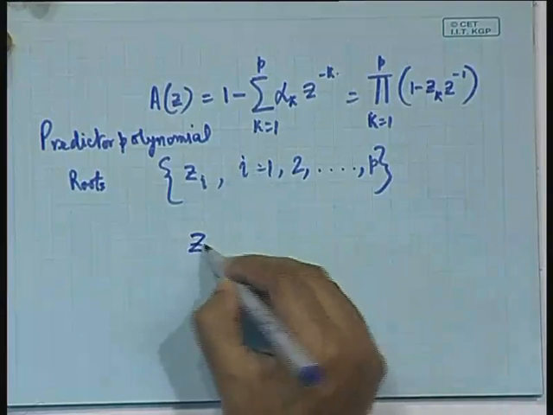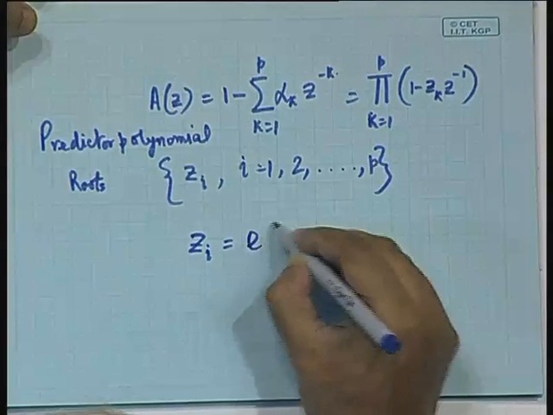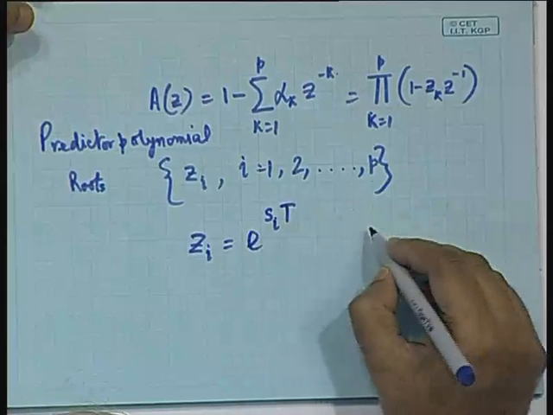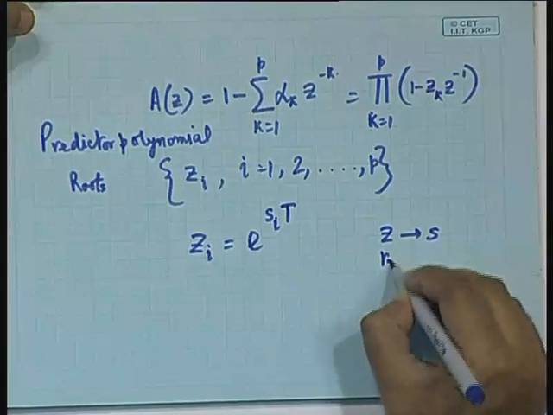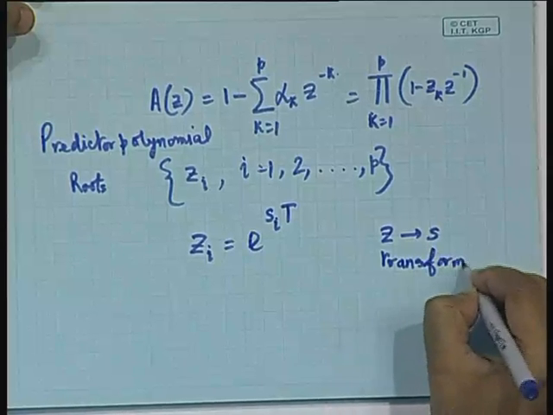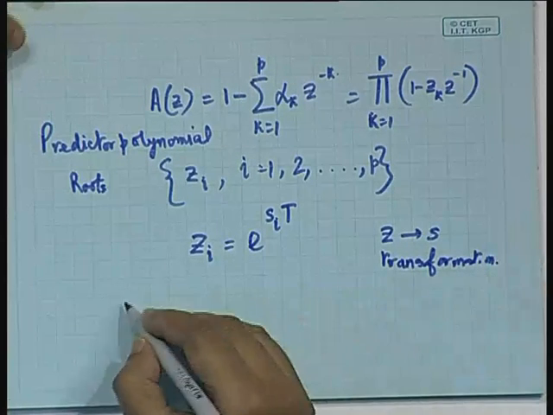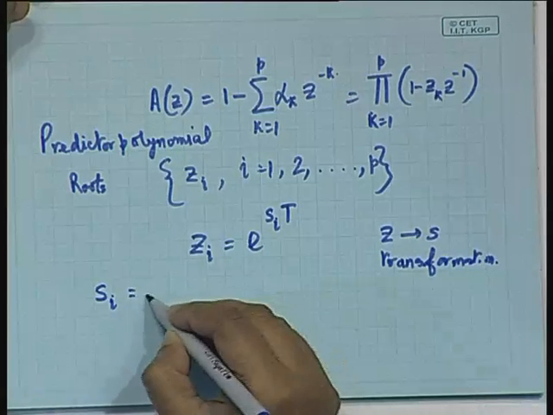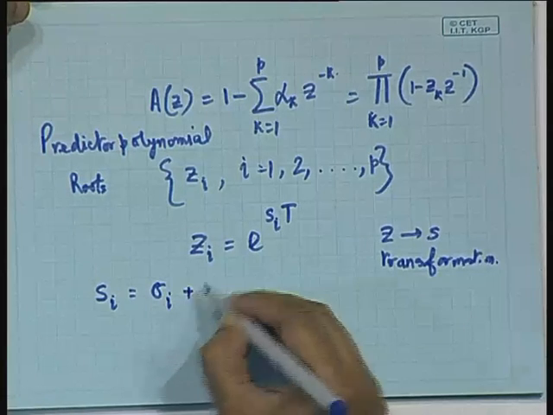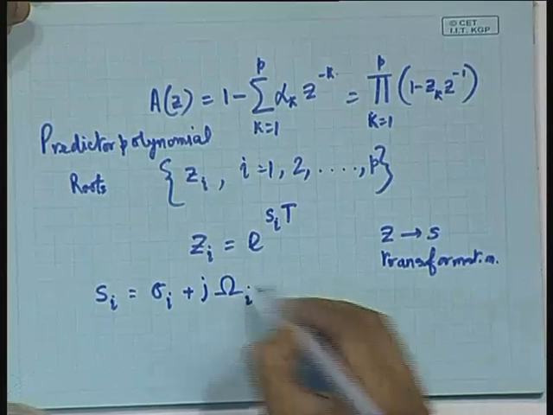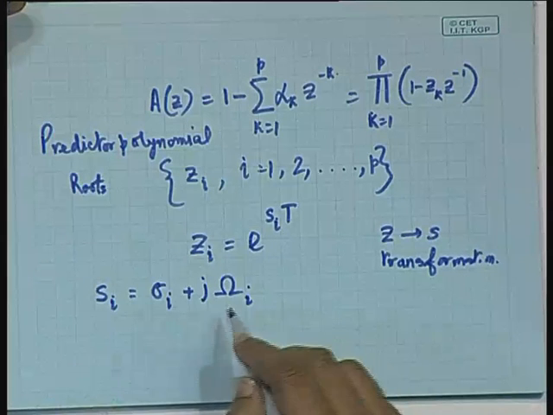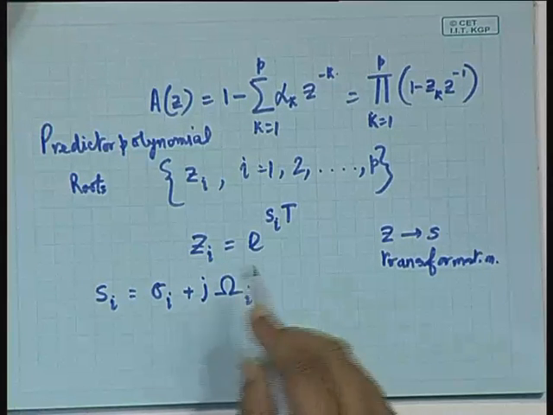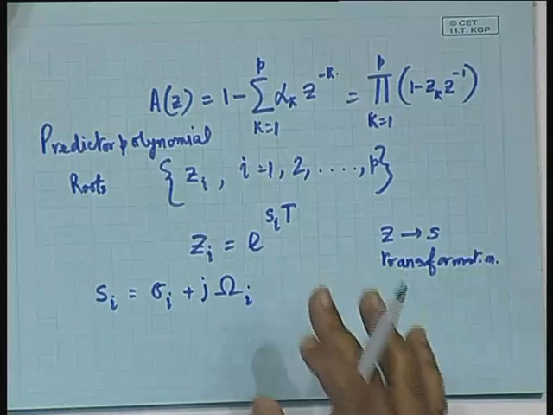For transforming from the z plane to the s plane, the transformation we know is that zi is written as e to the power si into T. In the s plane, si is written as sigma i plus j omega i, where omega i essentially represents the phase.